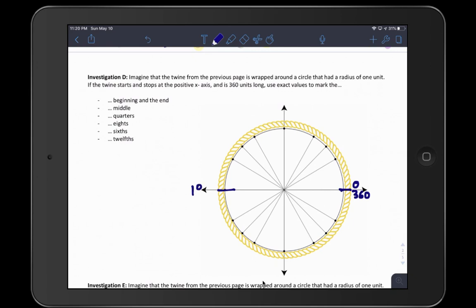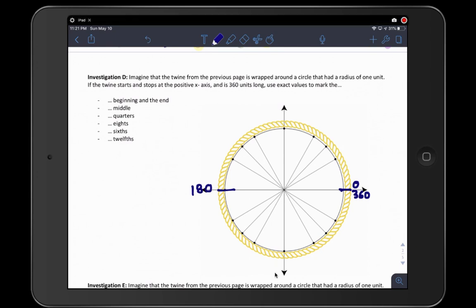We mark that with 180. And then we do a quarter, and then we go through and do the thirds and the sixths. So I want you to try to mark the unit circle just like we did with the piece of rope. But now imagine the twine is wrapped around the unit circle. All right, give it a shot, pause the video, and when you come back, I will go through the whole thing with you.